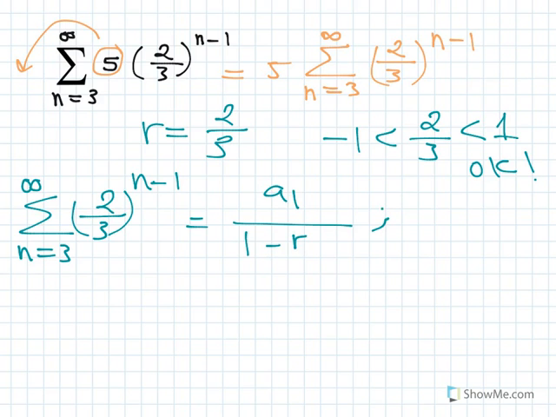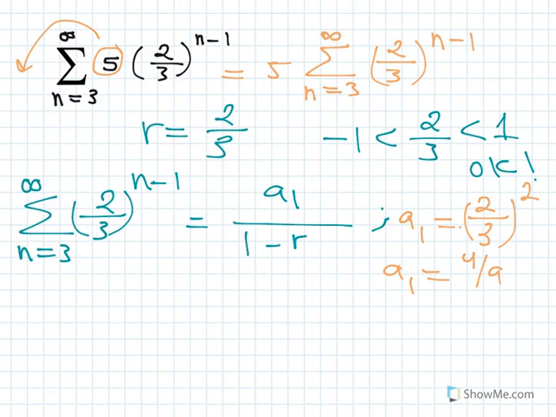And we can easily find the first term, a1, by evaluating at n equals 3. So it's going to be 3 minus 1, which is 2, so a1 equals 4 over 9.